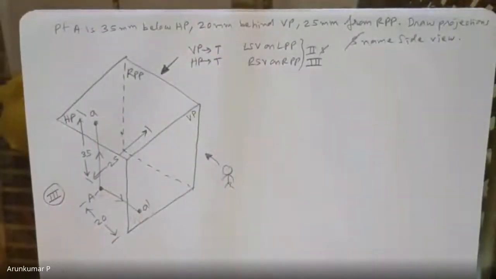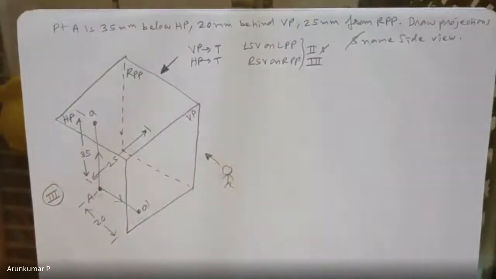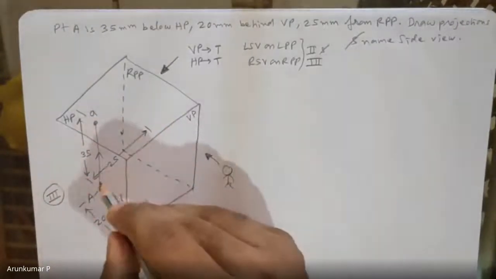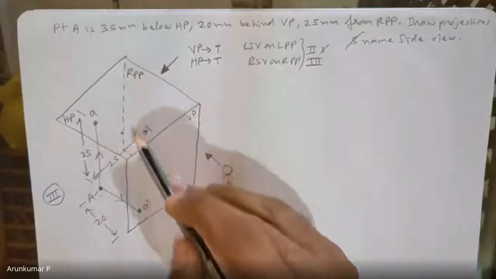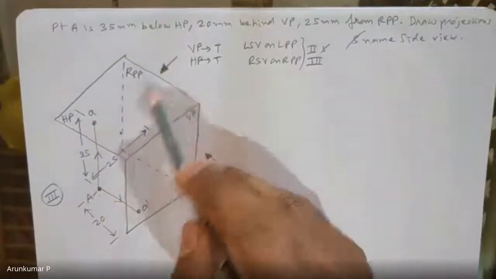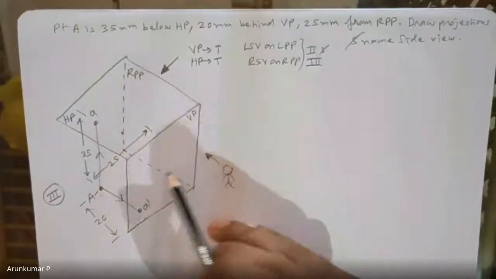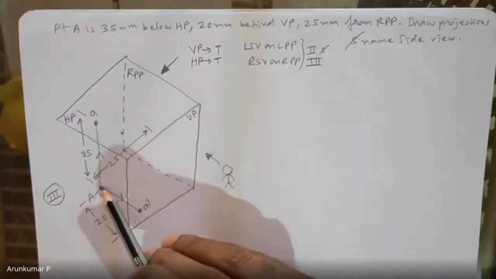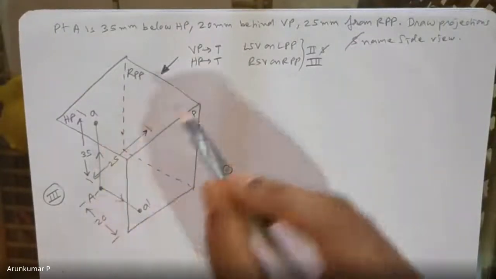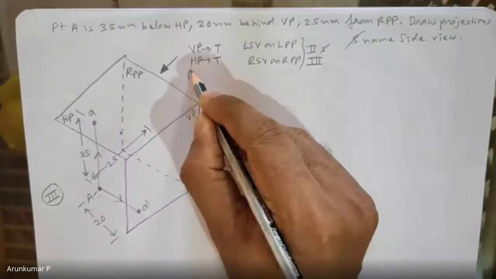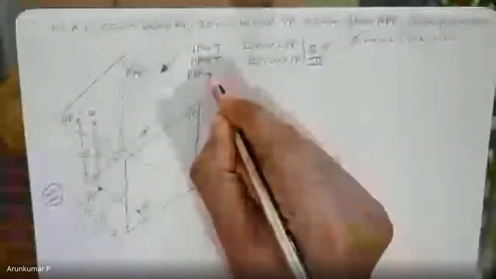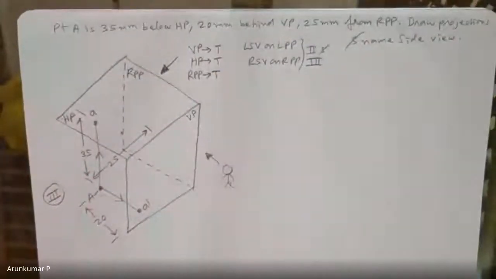Then you find that RPP is in between you and the point. So you will not be able to see the point A. So you have to make RPP transparent.